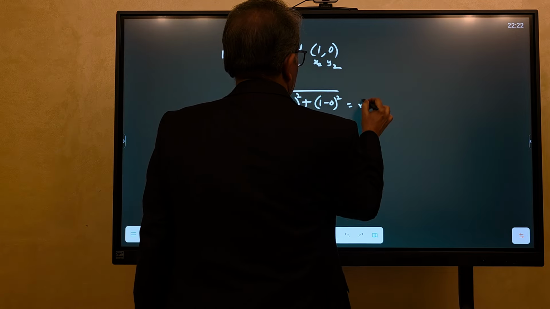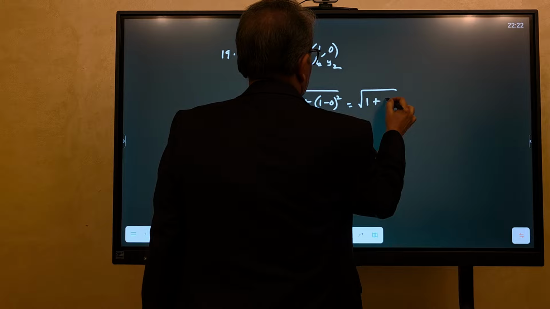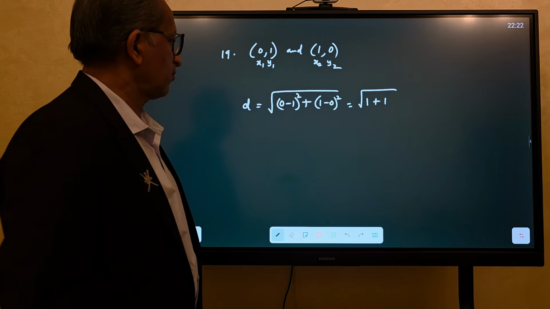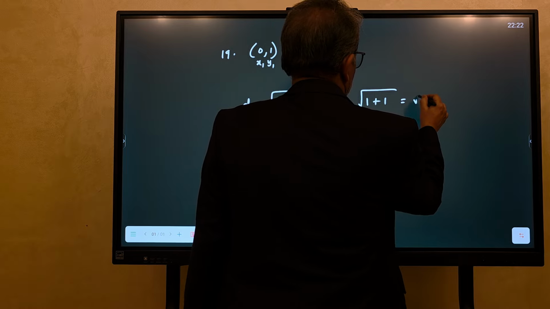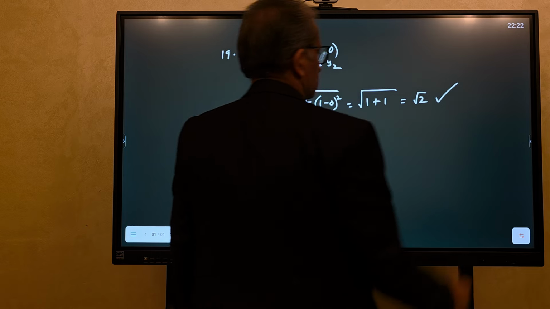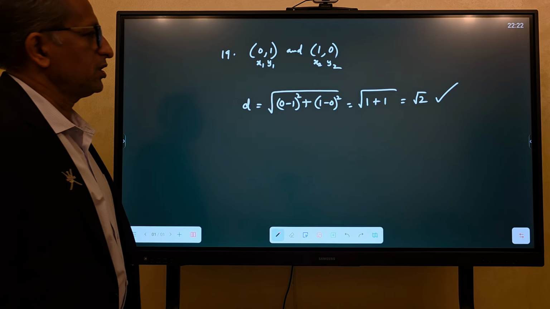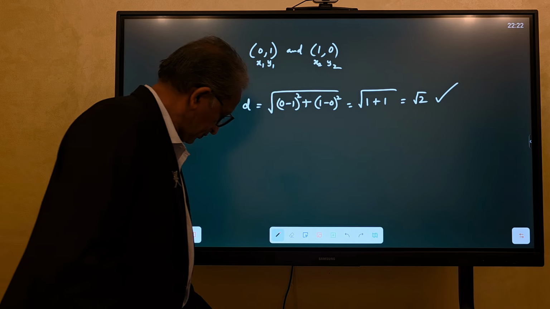This will give you 1 and 1, because minus 1 square is 1, and 1 square is 1. So the answer is root 2, which is the distance between these 2 points.